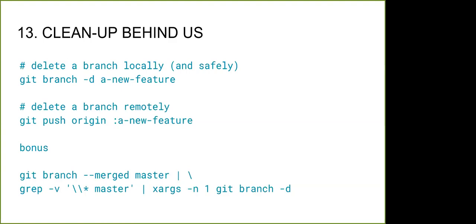So ideally, after running git merge into the master branch, all the cleanup we should do is deleting the branch locally, safely, and again deleting the branch remotely. When I want to delete a branch locally, I say git branch -d and the branch name.